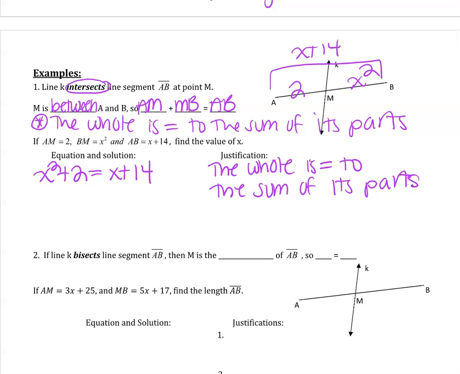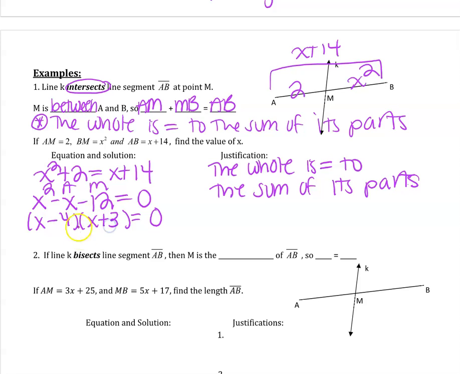Now to solve, just like what we did on day 1, I can set this equal to 0 by doing x squared minus x minus 12 equals 0. And then a little factoring. So factors of negative 12 that sum to negative 1 would be negative 4 and positive 3.